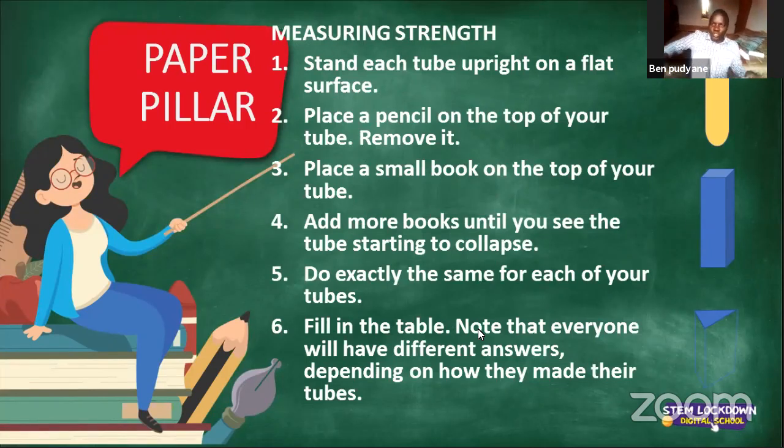What I need to do is put books on top of this shape to see how many books will stand. But first, I put a pencil here to see if it is straight. Then thereafter, I pile books on top of this shape.